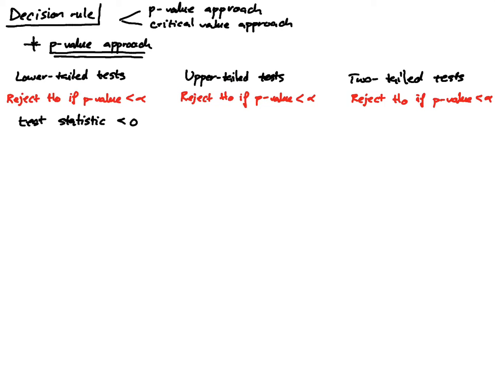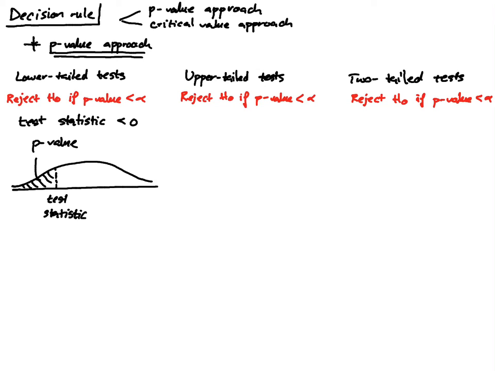So let's put that test statistic on the standard normal. If this is your test statistic, then the p-value is the area under the standard normal curve to the left of your test statistic.